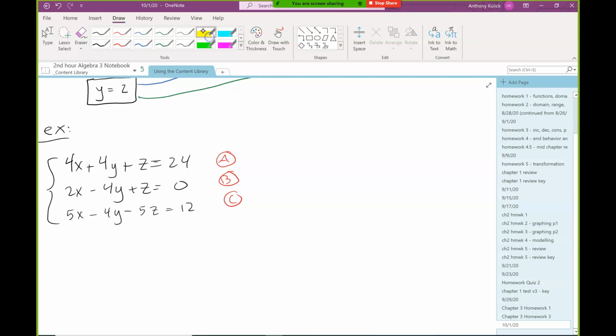So the first thing I'm going to do is choose a variable to eliminate here. Now there is no wrong choice in choosing the variable to eliminate. It does not matter, but you can make your life easier depending on your choice. So if I look at the variables involved here, which variable appears to be the easiest to eliminate?